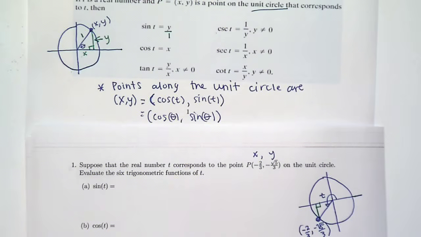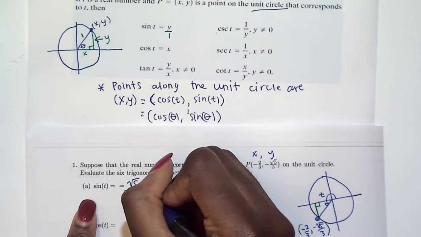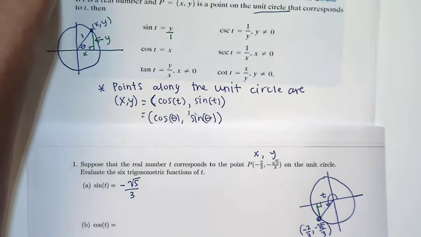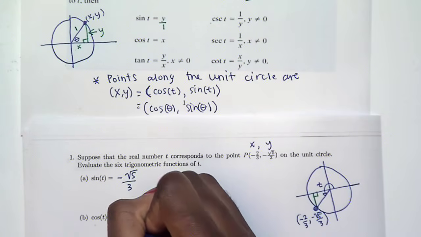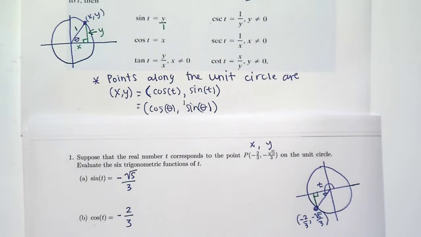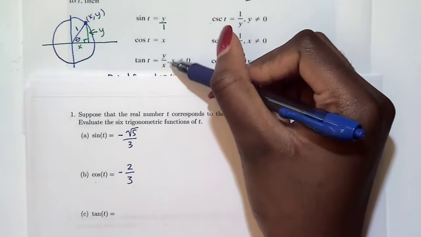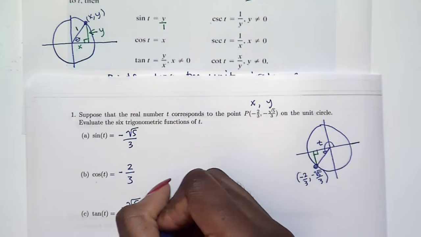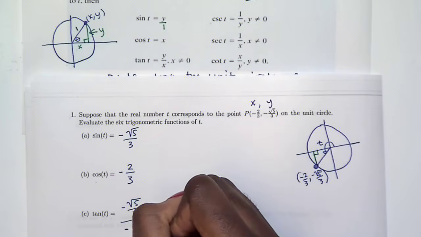Remember, sine is y, so sine of t is negative root 5 over 3. Cosine of t should be the x value, negative 2 over 3. Tangent is y over x, so y is negative root 5 over 3 over our x, which is negative 2 over 3.